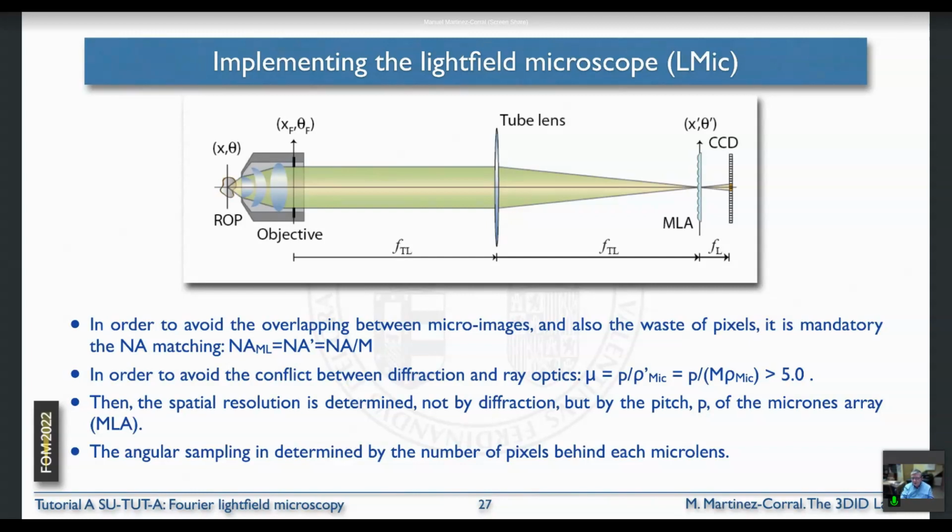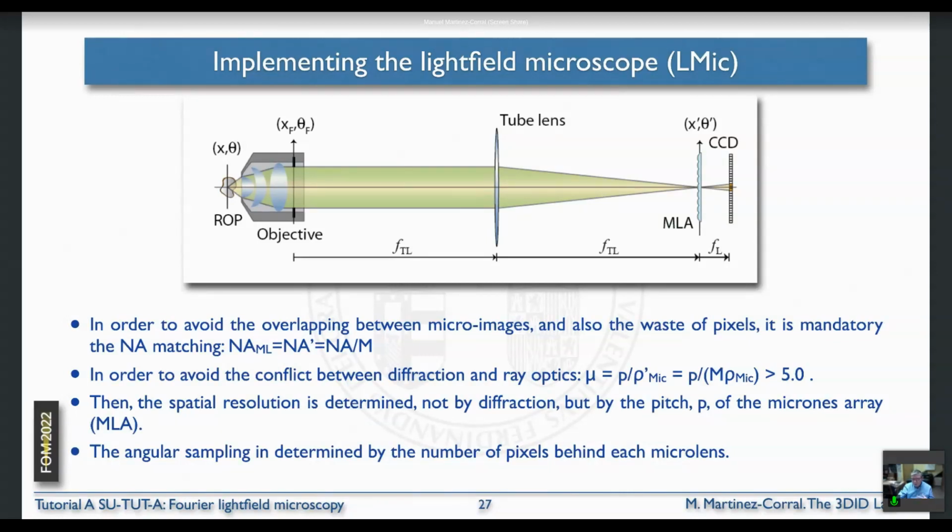So there is a rule, a kind of heuristic rule. It says that any microlens must be at least 5 times bigger than the Airy disk as evaluated here. And this is parameter mu.